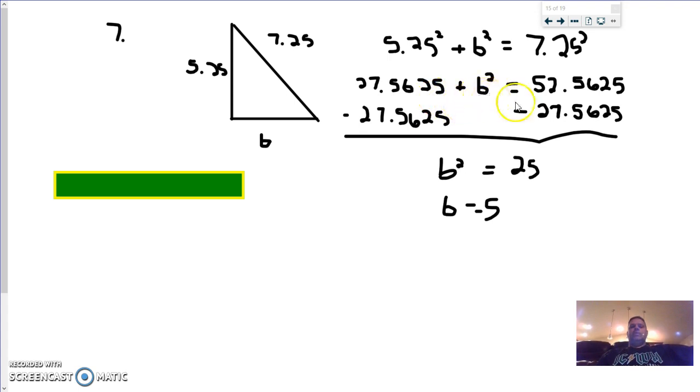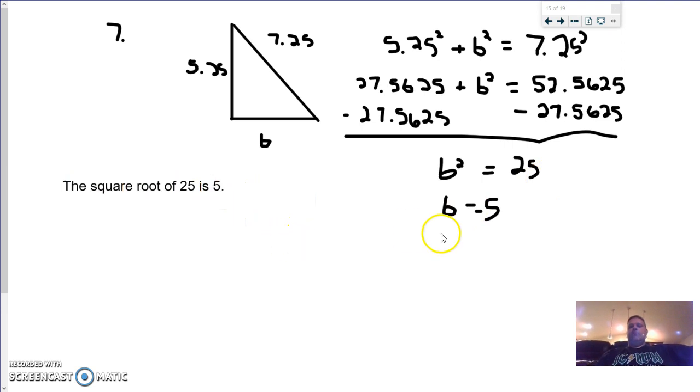We keep B squared the same, and when we square 7.25, we get 52.5625. To get b squared all by itself, we have to subtract this from both sides to keep the equation equal. When we do that, we get b squared equals 25. We then take the square root of 25, which is 5, so b equals 5.